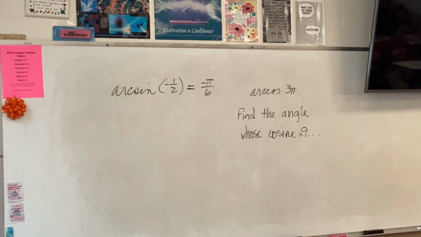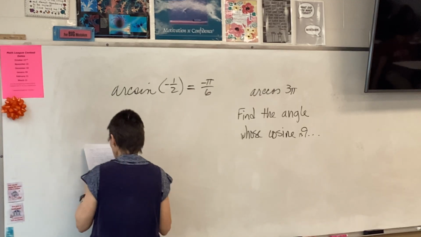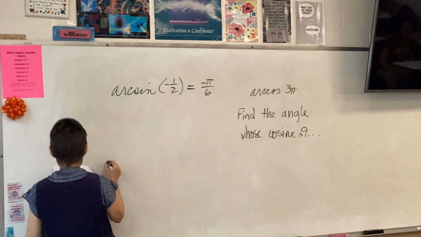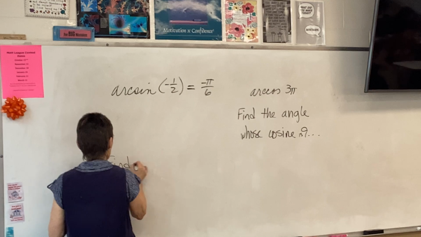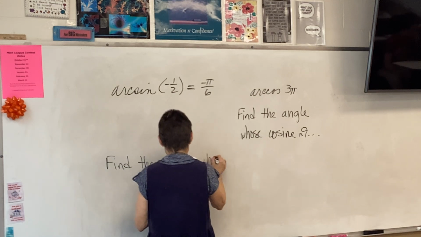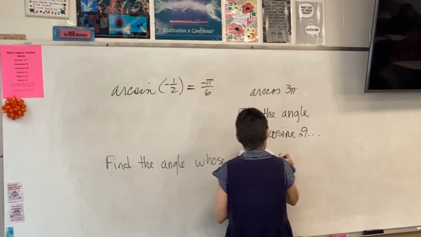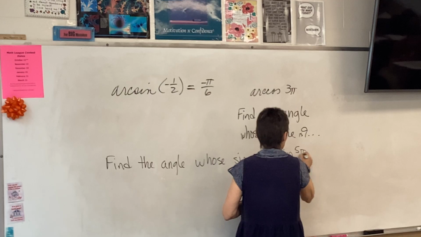All right, number 2 is interesting. I'll give you a hint. One of these is true and one of them is false. So let's literally read question A. Find the angle whose sine is the sine of 5 pi over 6.